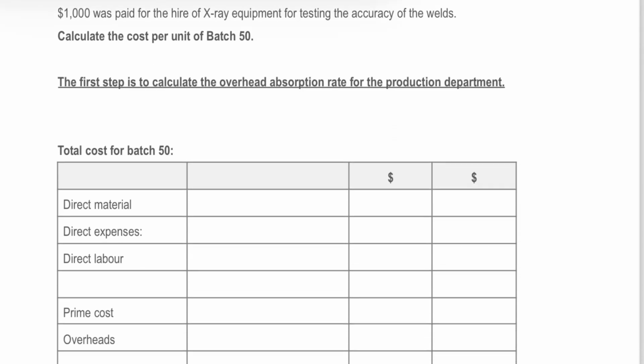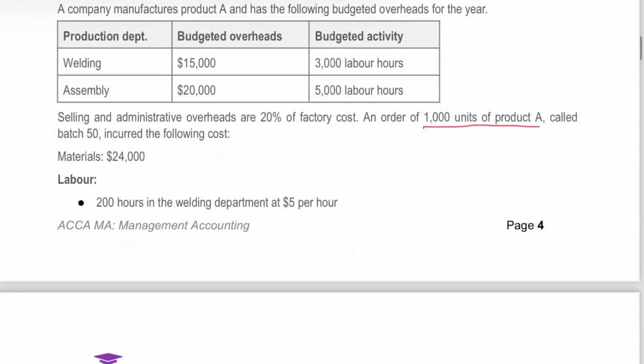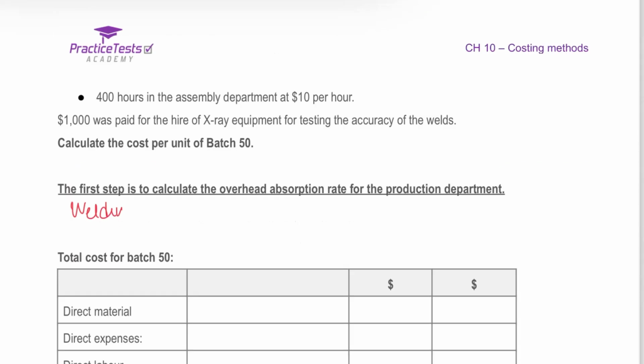So the first step is to calculate the overhead absorption rate for the production department. So basically we'll have two rates. So I'll calculate them over here. For welding, it will be 15,000 divided by 3,000, which will give us $5 per labor hour.